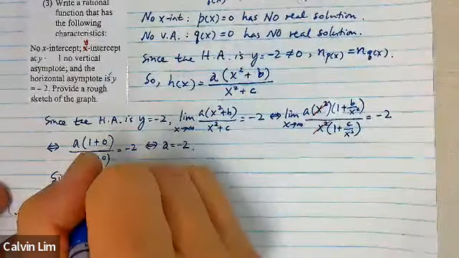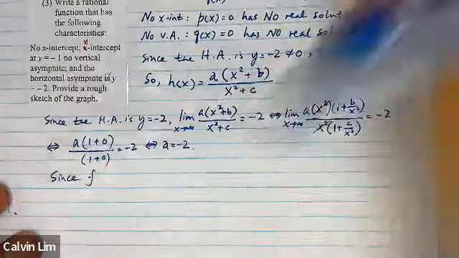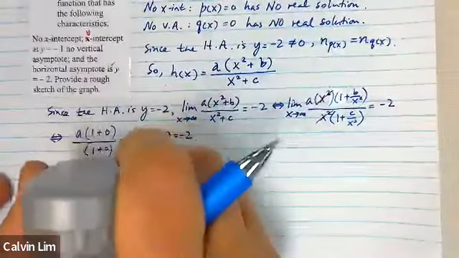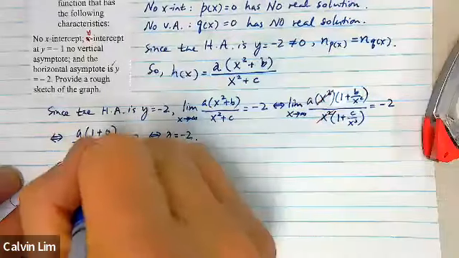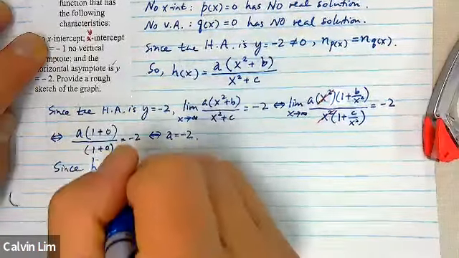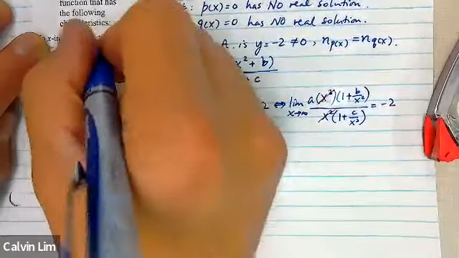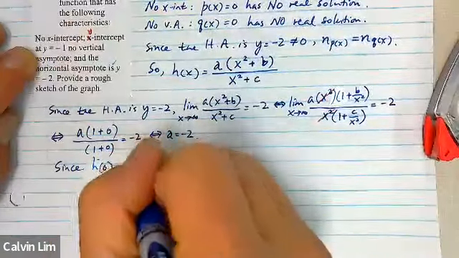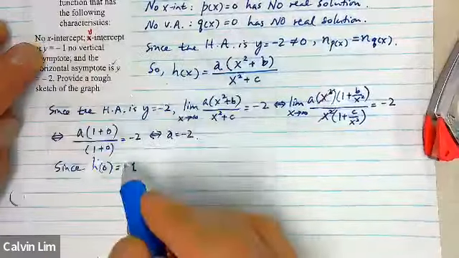Since we use h of x, since h of 0, the y-intercept, that is what it means, equals -1, from here.